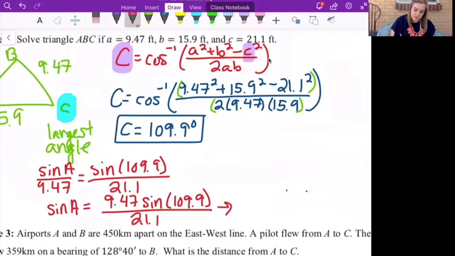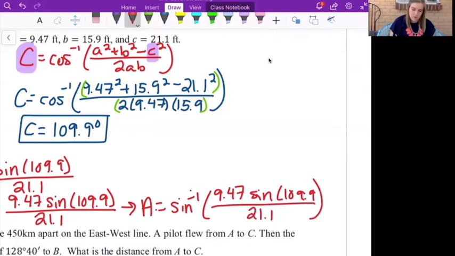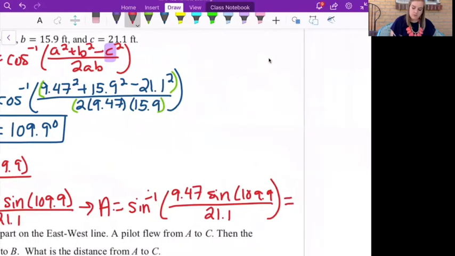So then A is equal to sine inverse of that. And so then we get that angle A is equal to 25.0.